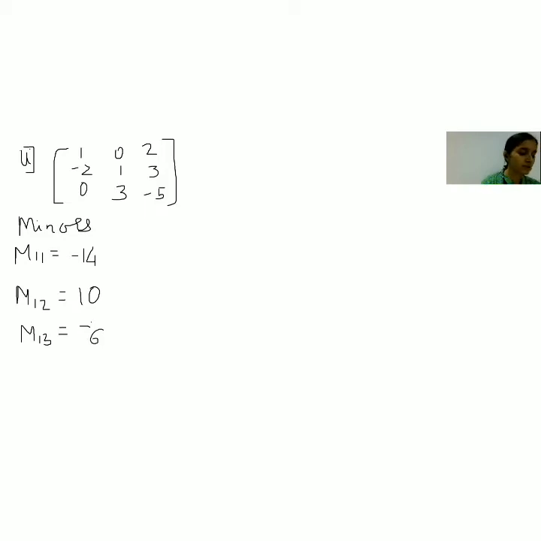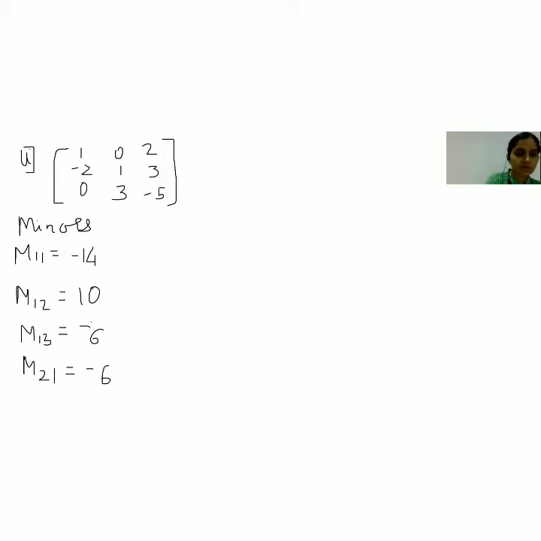So M13 is minus 6. Okay, then next, M21, second row, first column, hide the second row and first column. So when you hide the second row and first column, the determinant value will be 0 minus 6, that is minus 6.